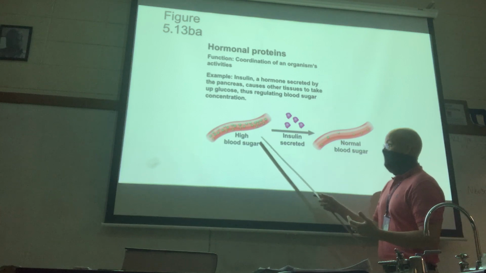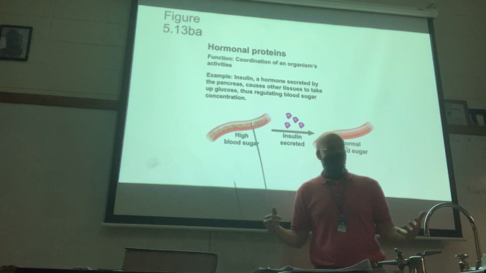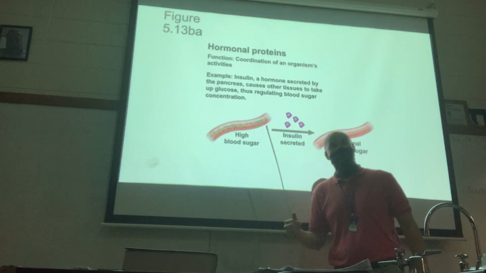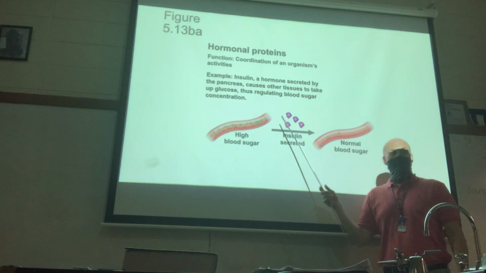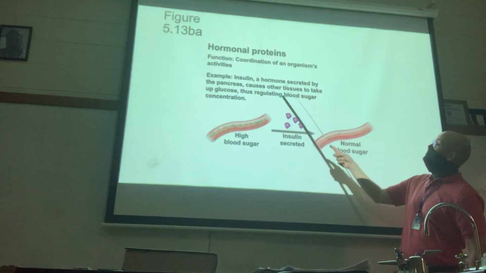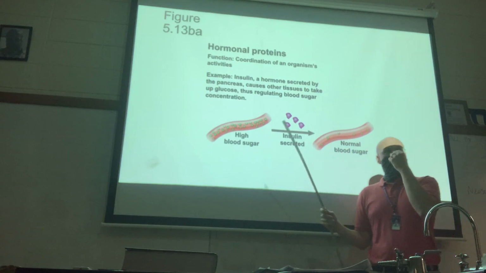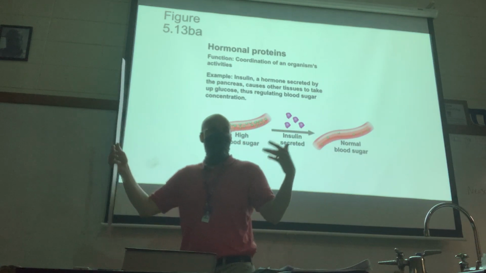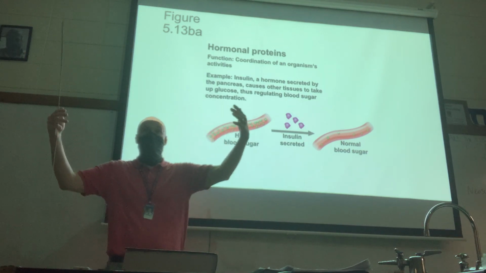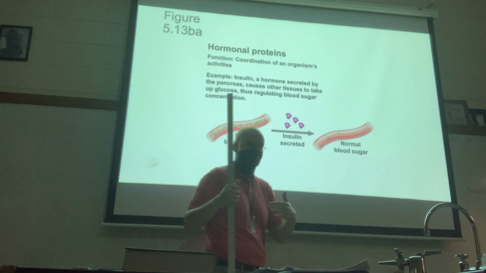So when you eat a meal, the sugars from that meal tend to get into your bloodstream from your digestive tract. That typically triggers a release of insulin from your pancreas. And that signal of insulin being in your blood tells other cells to take sugar out of the blood, and then your blood sugar level starts to drop.